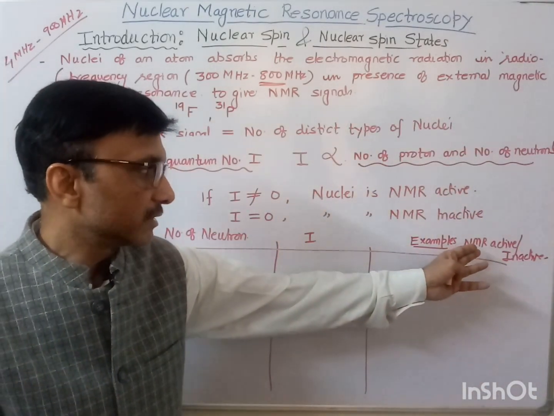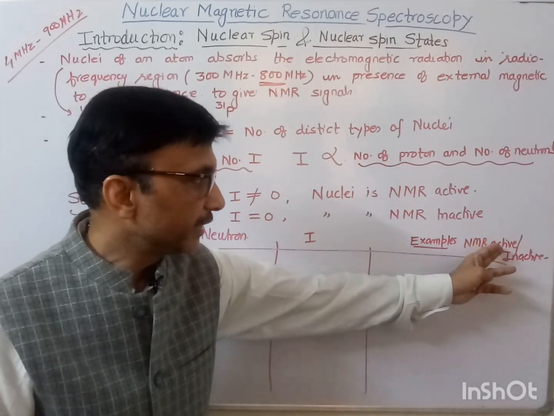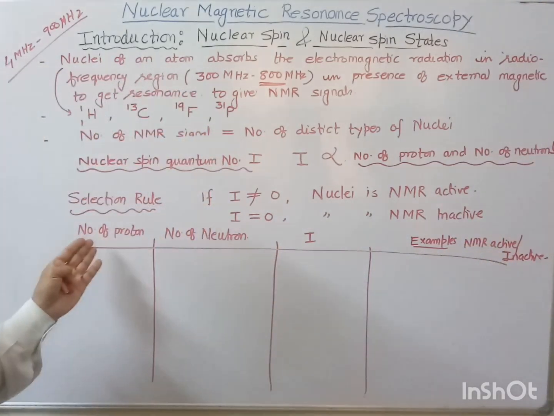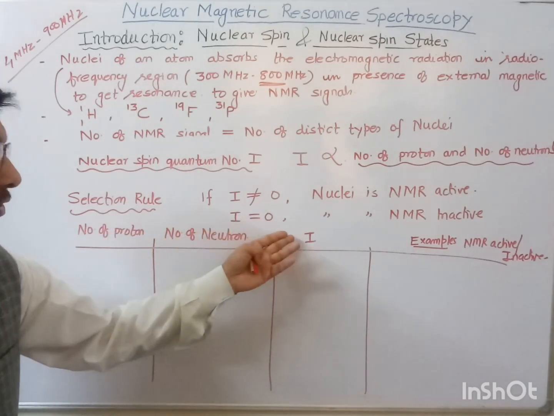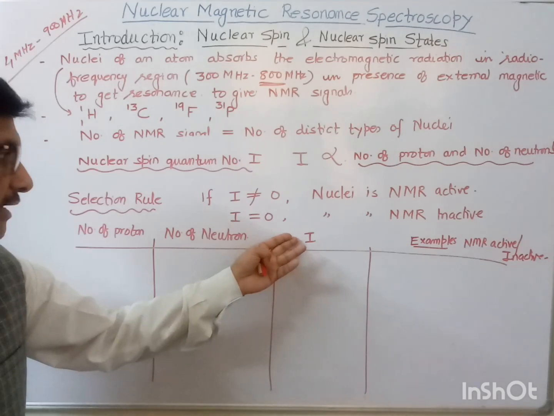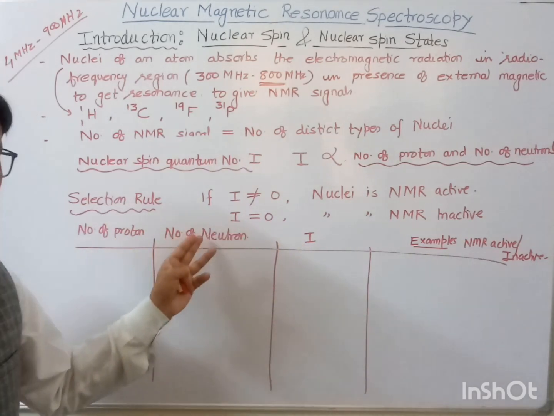Whether the nuclei are NMR active or inactive depends upon the number of protons and neutrons, and the total value of I depends upon the number of protons and the number of neutrons.